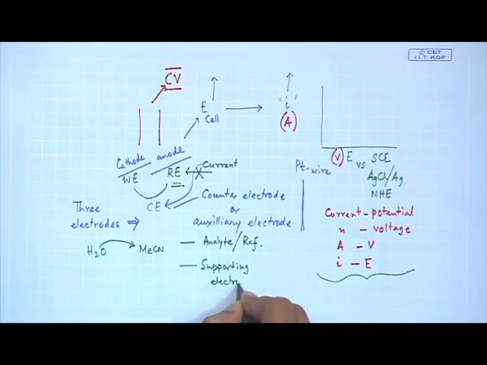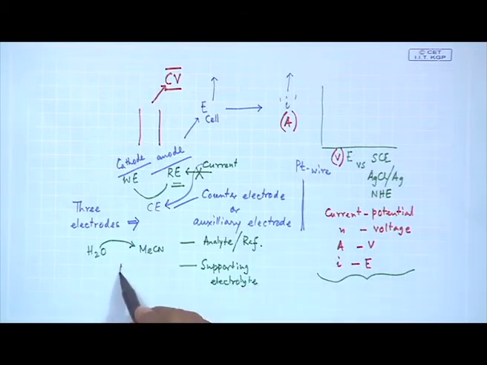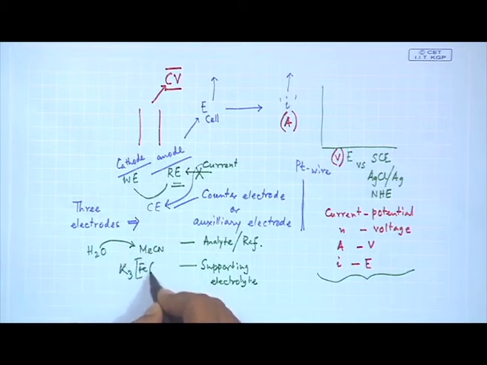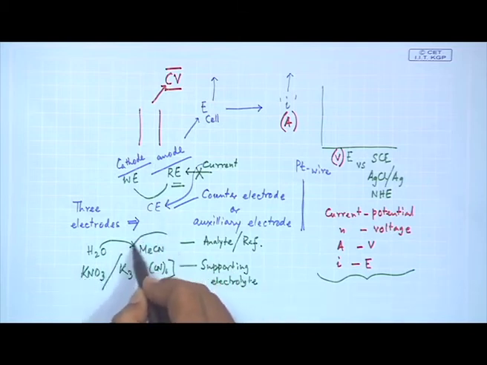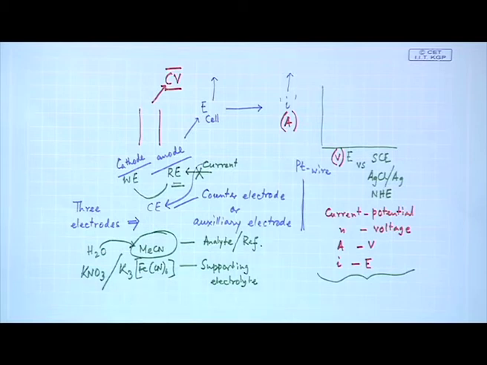Since it was K3[Fe(CN)6], and we all know this is soluble in water because it is a potassium salt, and the supporting electrolyte is KNO3, what synthetic manipulation can you think of to get similar compounds soluble in non-aqueous medium, acetonitrile?